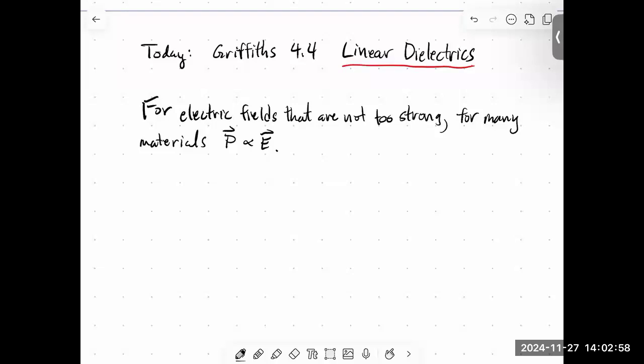And as I keep going up and up, basically my entire material is as polarized as it gets. I've completely overwhelmed that thermal motion, and if I keep turning up the electric field, I don't get more polarized. So that's how I intuitively think about it. We're thinking of the case where we haven't completely overwhelmed that thermal randomness in the system.